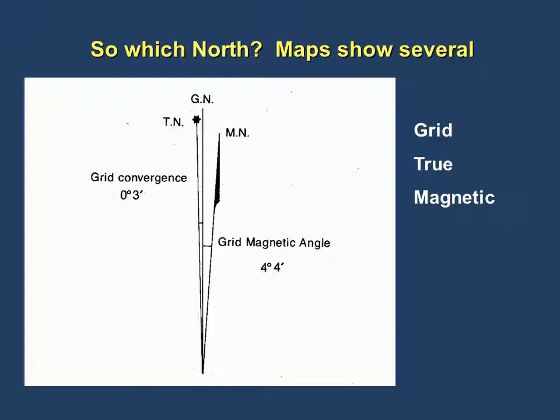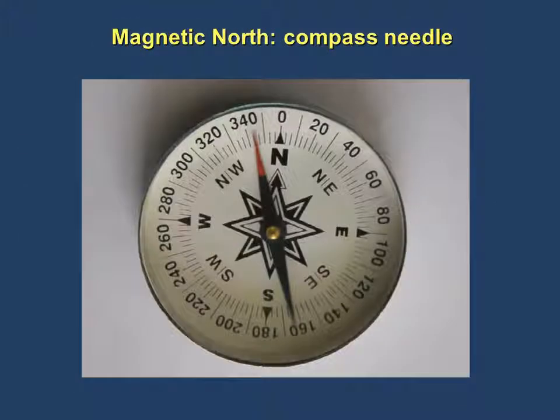True north, which we now know follows the meridians of longitude. And there's typically also another north shown here as MN on the diagram, which stands for magnetic north. So now we can see that there are actually three different types of north that we could refer to. True north and grid north we've explained, but why is magnetic north different to the others?